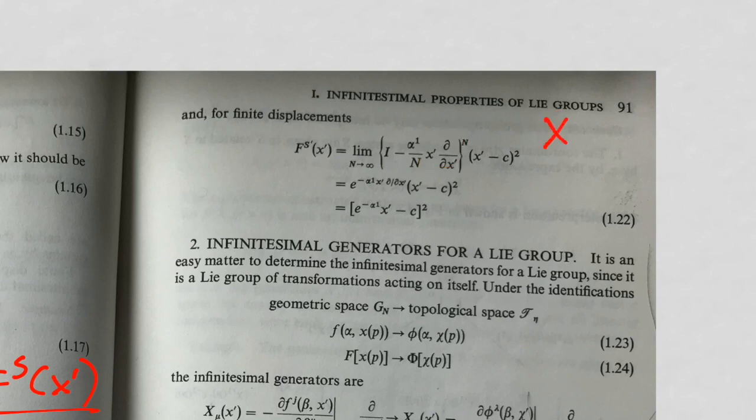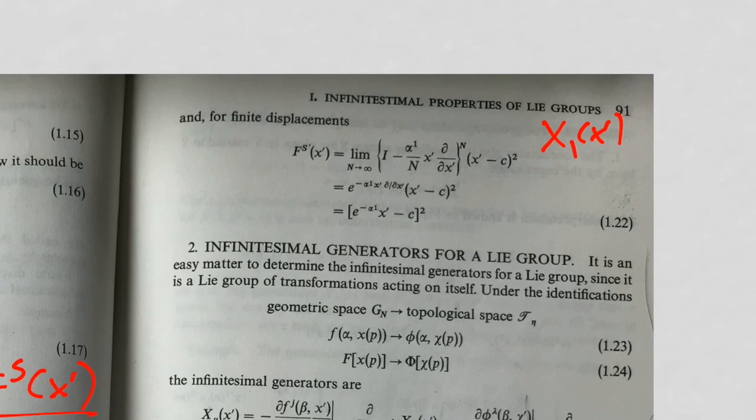We know the generator for x1 as a function of x prime is equal to this guy right here, and look at it, it's x prime del x prime. So that's certainly, and then this is your small factor in front. So it's certainly a shift, A1 over n. So that's definitely a shift.